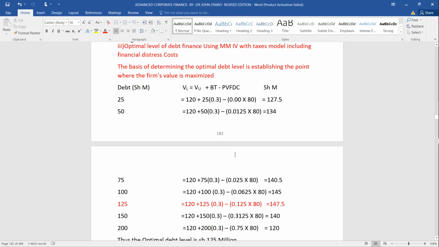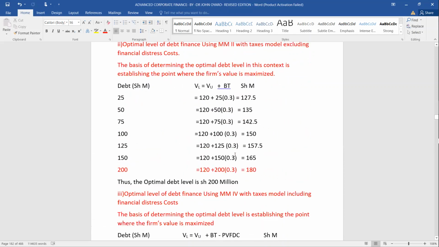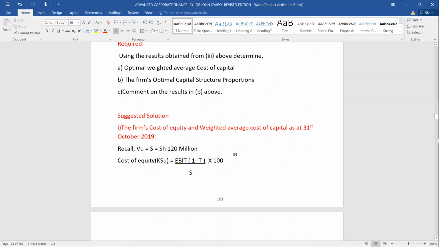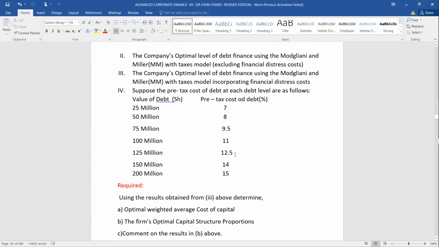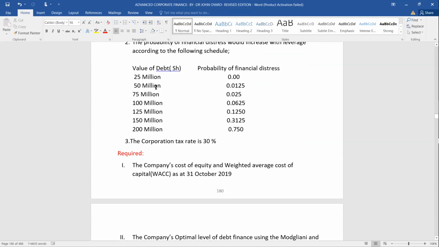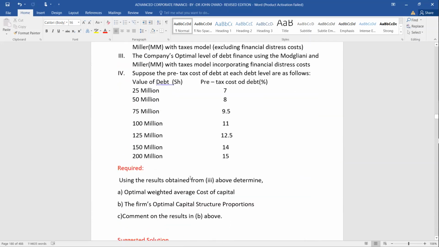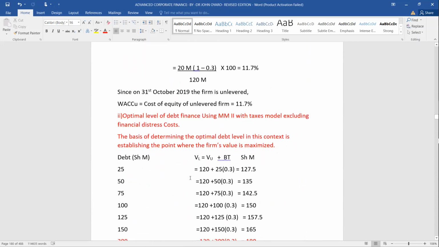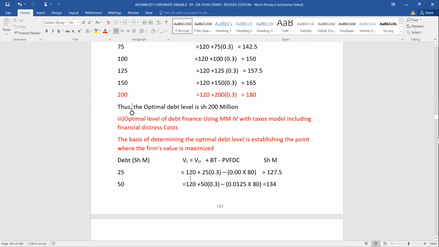So, what's the probability of financial distress at 25 million debt? It is 0. Probability of financial distress at 25 million debt is 0. So clearly, no financial distress cost will be incurred there. That's why I'm saying 0 times 80.